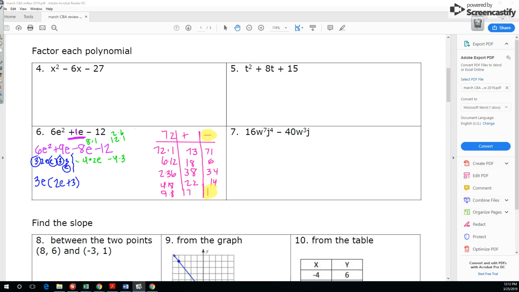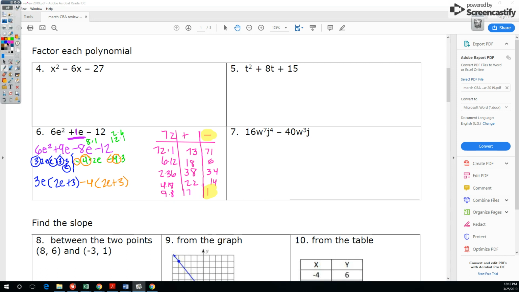But I'm looking for the GCF, the greatest common factor, the number that is the biggest that's shared between the two of them. So that's why I chose to write 8 as 4 times 2, because we have a negative 4 that's in common. I'm left with 2e and then a positive 3 again.